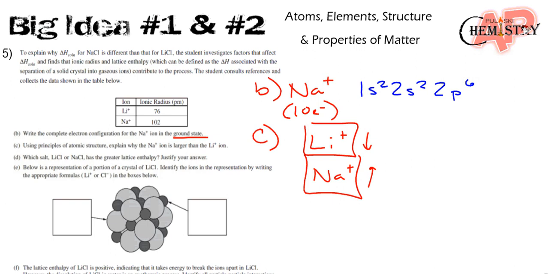So what's happening when I go from Li to Na? I am gaining energy levels. Done. Can you talk about nuclear charge? No. The minute you talk about nuclear charge, you usually are talking about sucking in that atom or ion. So I would actually be very specific.